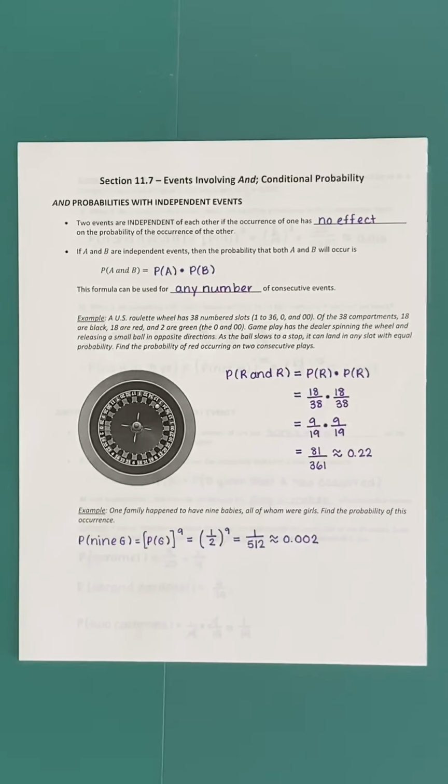Essentially what we're looking at is the sample space, and the combination of outcomes representing each event in question. If some outcomes represent the occurrence of both events at the same time, so for instance, maybe picking an even number and picking a number that's less than 10, it's possible to pick both an even number and a number that's less than 10. So those events are not mutually exclusive.